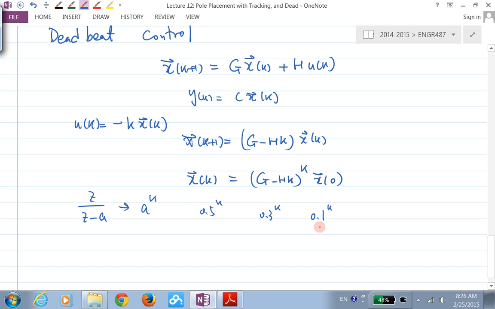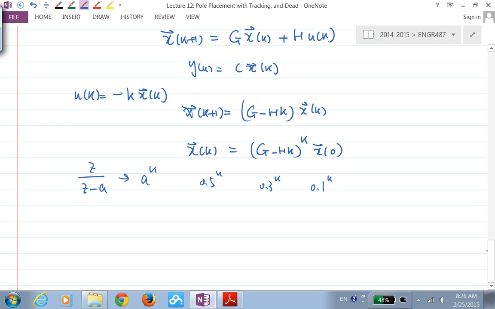Which one goes back to 0 more quickly? This guy here, right? So which means the closer to the origin, the faster the response. So that's why, in the extreme case, shall we place the pole right at the origin? And what does that imply?